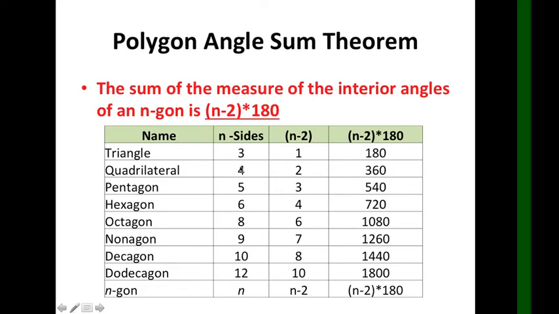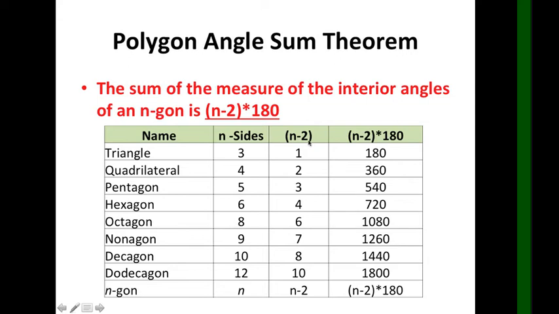For a quadrilateral, we have 4. So, n minus 2 is 2, and 2 times 180 is 360. That's why it has a total of 360 degrees inside a quadrilateral. Pentagon is 5 minus 2 is 3, so 3 times 180 is 540. Hexagon is 6, so 6 minus 2 is 4 times 180 is 720.